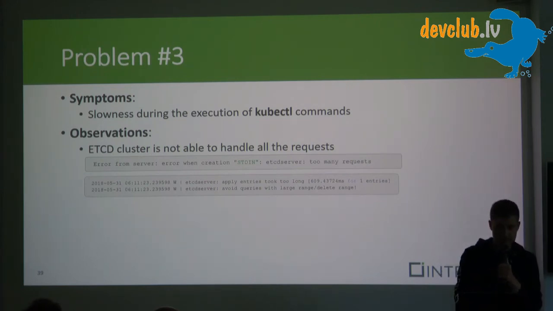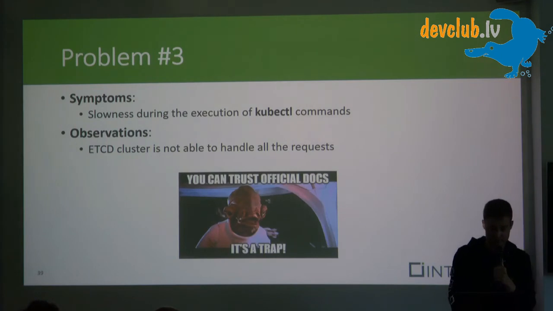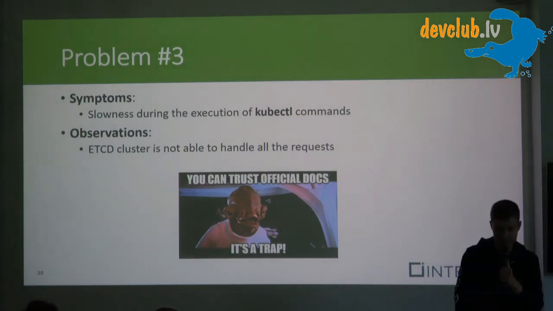So we thought that the problem was in the hardware, the disks. etcd on the official site provides suggestions and recommendations for the disks, and our disks were in the range of those values, but it still seemed like the problem was the disks.